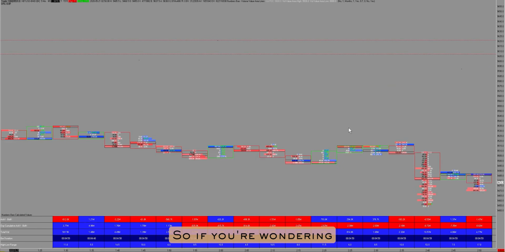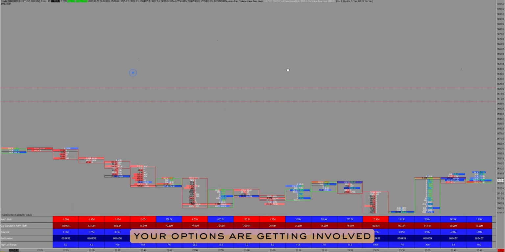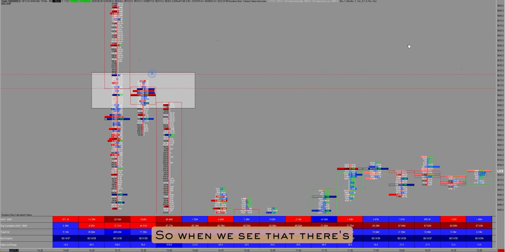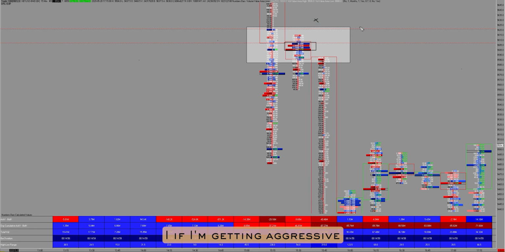So if you're wondering, how would I go about entering into the structure? Well, your options are getting involved at the first sign of an imbalance. So you see the aggressive selling into the low. So when we see that there's this aggressive move into the low, the first attempt to reclaim the level where price gets offered, if I'm getting aggressive, I would define my position right above this imbalance.